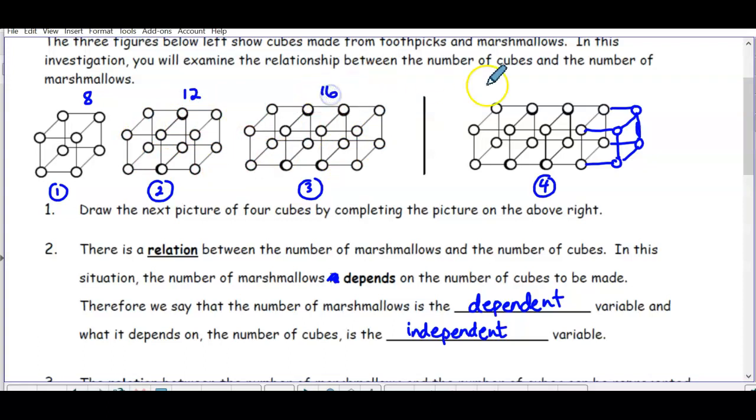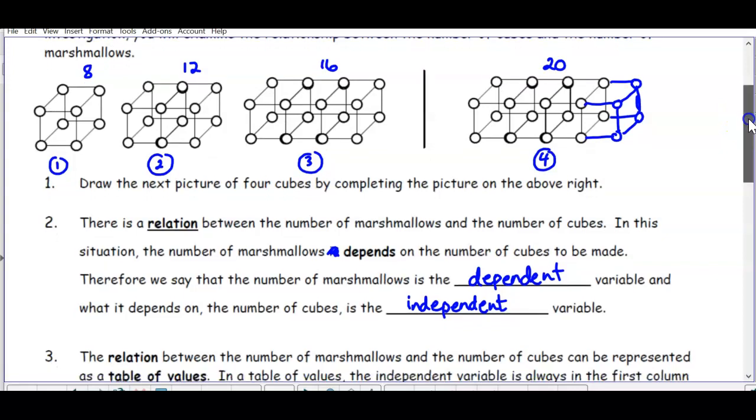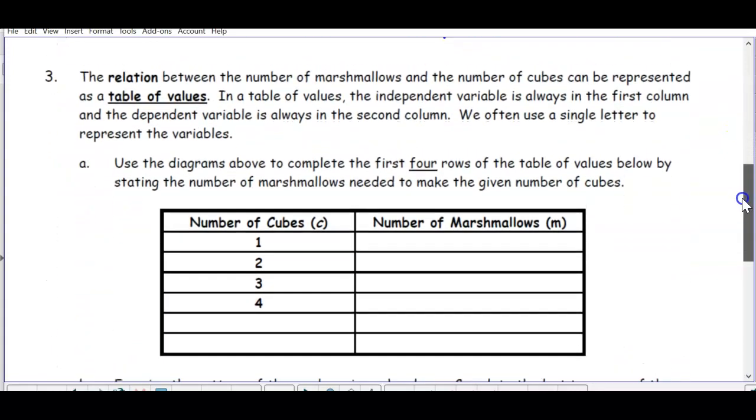So that's 16, and this would be 20. So you can see a pattern is each time you add a cube, you add 4 marshmallows. Okay, so number of marshmallows to start was 8, and then we had 12, and then 16, and then 20.